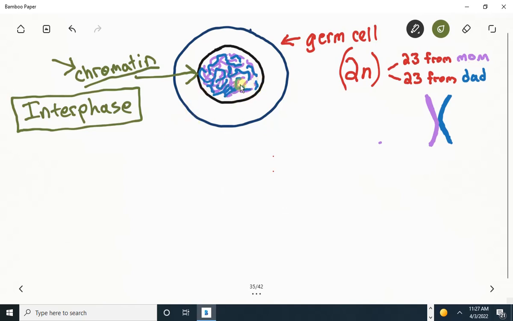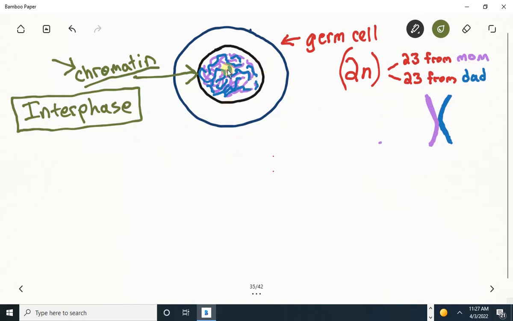And if you don't remember this concept, go back to the first couple of videos when I'm talking about chromatin in the interphase stage and refresh your memory. But if you said interphase and you knew that this germ cell is drawn in the interphase stage because these are chromatin, not chromosomes, then you are correct and we are ready to move on.